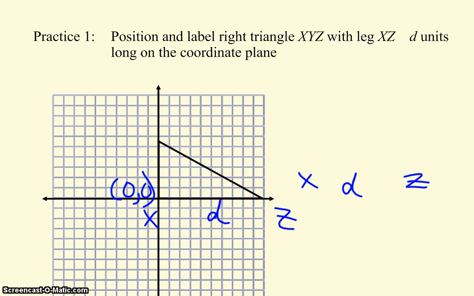The coordinates of Z are going to be d comma 0 because I went d units to the right and 0 up. The coordinates of the vertex at the top are going to be 0 comma anything you choose. You can choose your own variable. I think I'm going to use m for mathematics. So I chose 0, m. And those would be the ordered pairs for my right triangle.